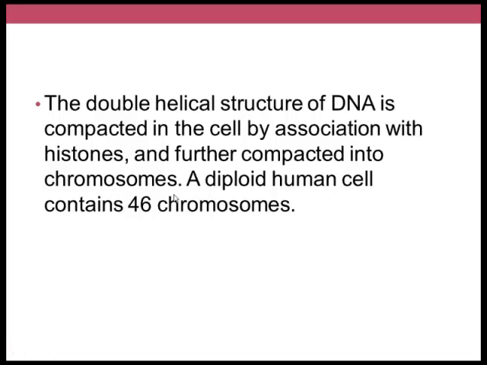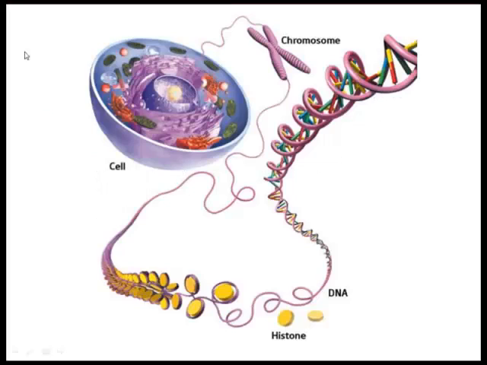The human cell contains a diploid number of chromosomes which equals 46 chromosomes. So this is the DNA molecule and this is the histone. It's combined with histone and then compacted again into chromosomes to be able to include it inside the nucleus.